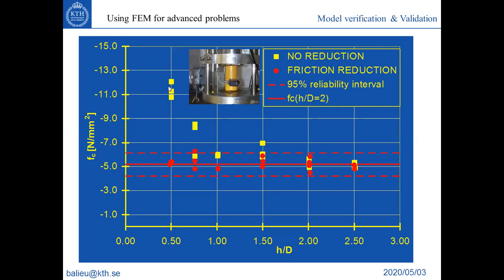We have performed two experiments. The first one without friction reduction, and the second one with friction reduction. Why do I discuss friction reduction? Because if you don't have good friction conditions between the cylinder and the clamping system, so the plate, you can have something that we call a buckling effect.